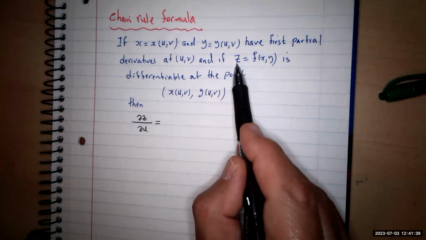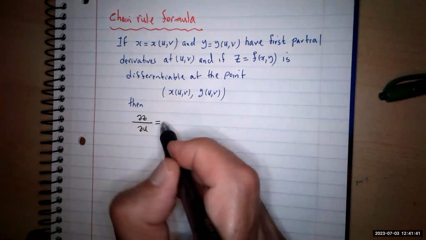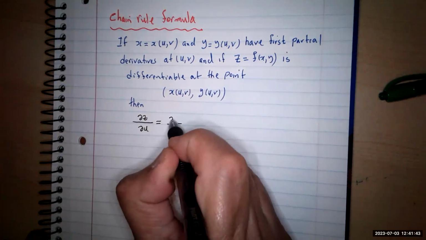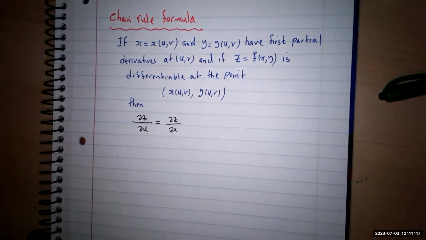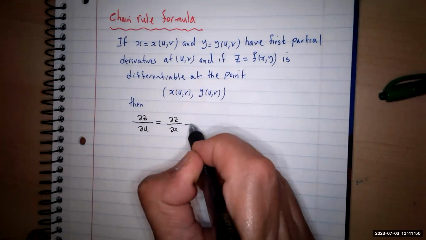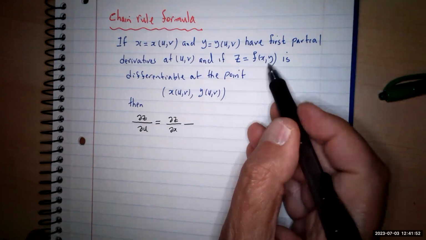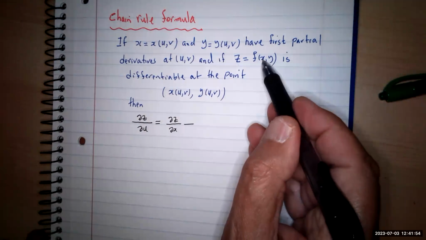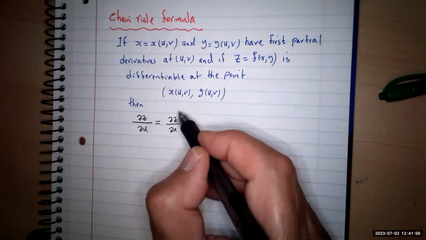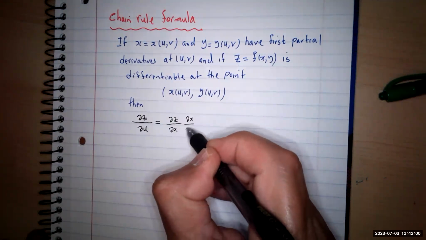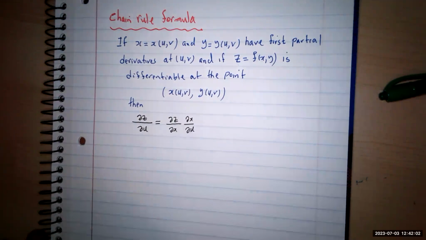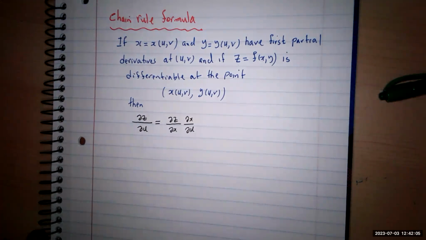The first one, z is a function of x, so it's going to be partial of z with respect to x. That's outside. Remember, times the derivative of inside. The inside function is x, so it's going to be the derivative of x with respect to u. So it's going to be ∂x/∂u. That is going to be the first part.